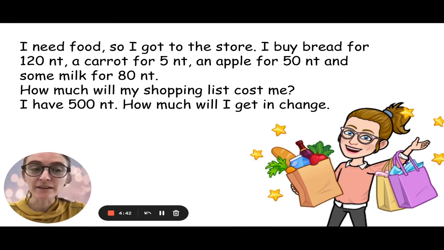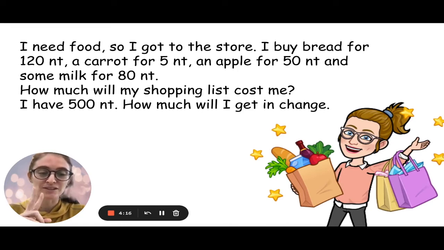I buy bread for 180 NT, a carrot for 5 NT, an apple for 50 NT, and some milk for 80 NT. How much will my shopping list cost me? I have 500 NT. How much will I get in change? There should be a question mark at the end there.